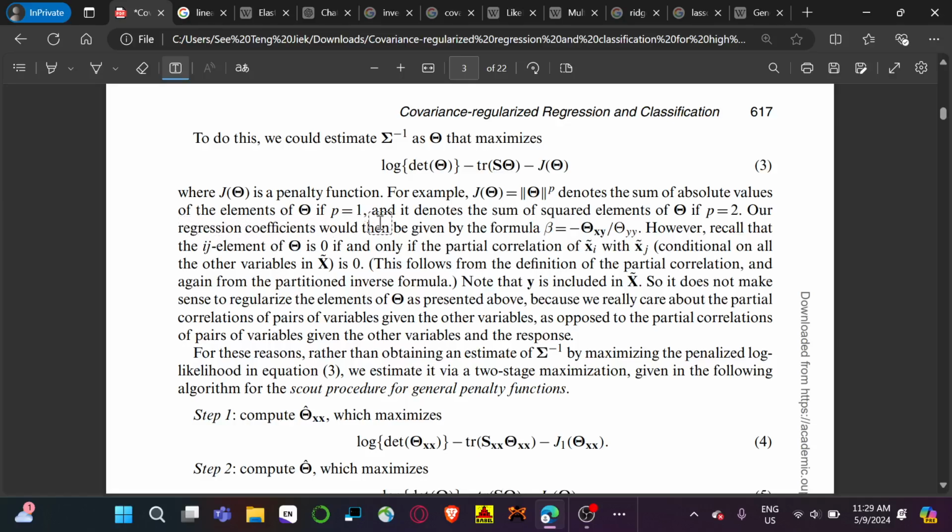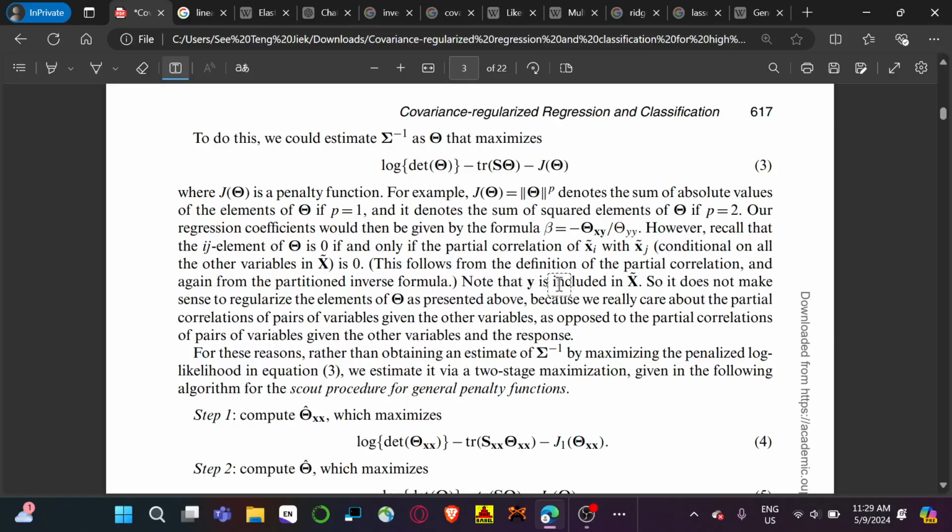The regression coefficients would then be given by this formula. However, recall that the ij element of theta is 0 if and only if the partial correlation of xi and xj is 0.